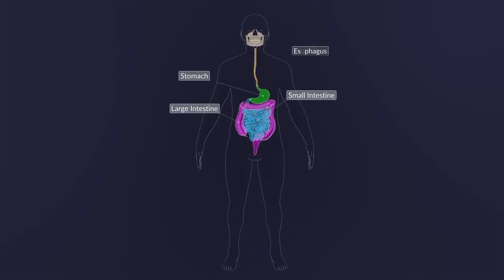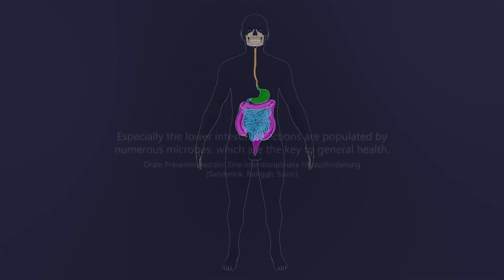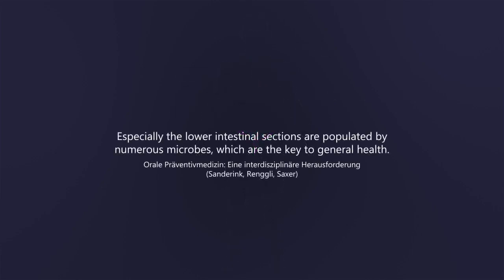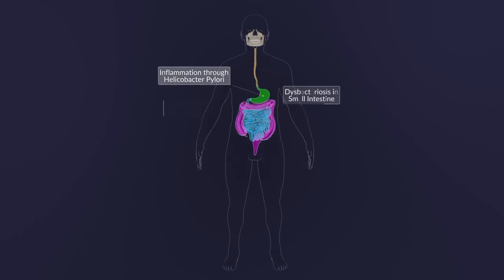All of our digestive organs are colonized by countless bacteria and fungi. So, regarding the oral cavity as an isolated region does not seem very helpful. Food that leads to dysbiosis in the mouth will probably lead to dysbiosis in the entire digestive tract. Back to caries.